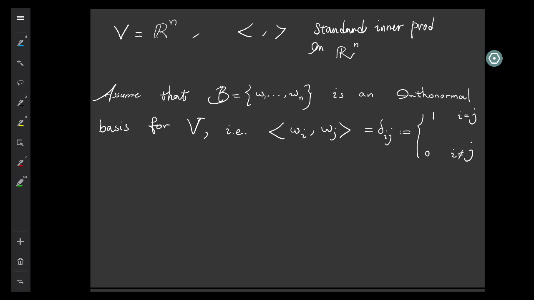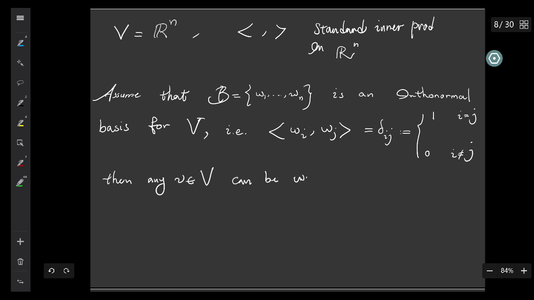Now assume that in Rn with this inner product, we are given one orthonormal basis W1 through Wn for this vector space. Then any v in V can certainly be written as a linear combination of W1 through Wn.